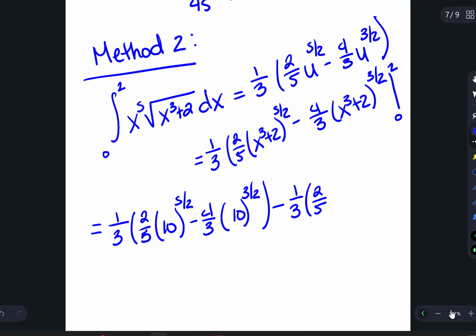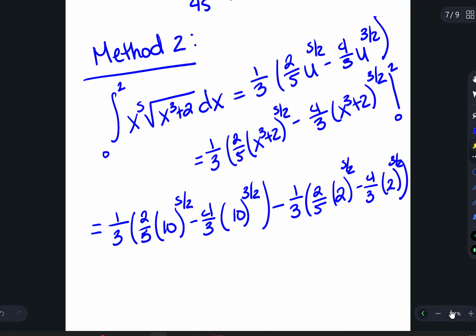Well, here I'm going to have 0 plus 2, so I'm going to have 2 to the 5/2 minus 4/3. Again, when I substitute in that 0 for x cubed, I'm going to have 0, so that's going to become a 2 to the 3/2.